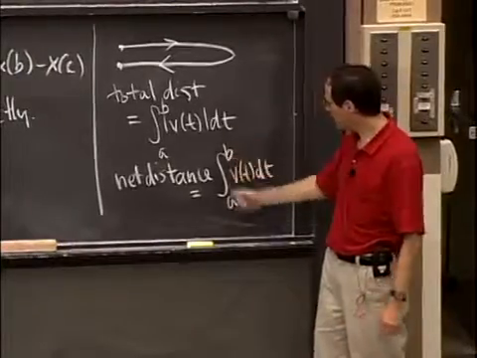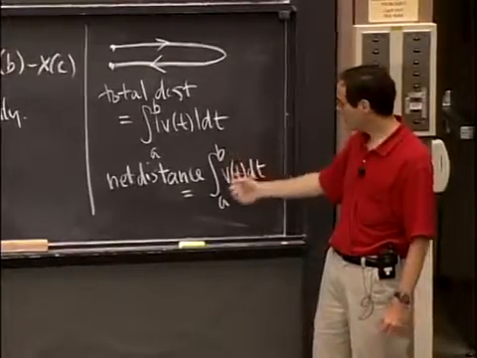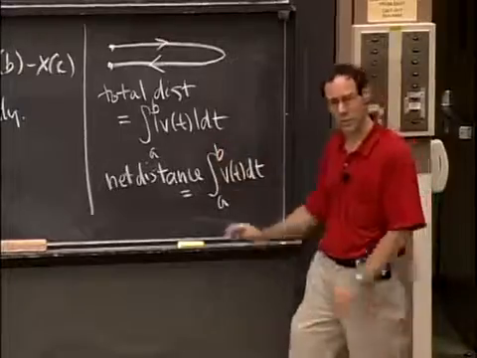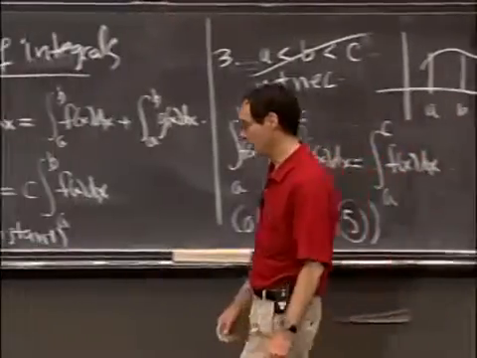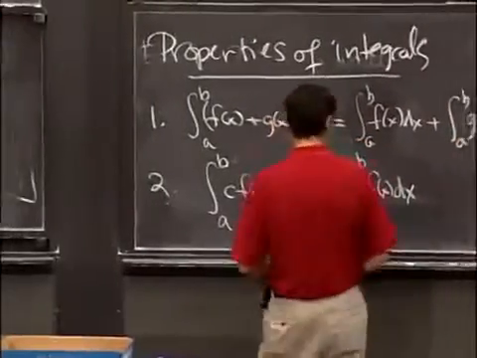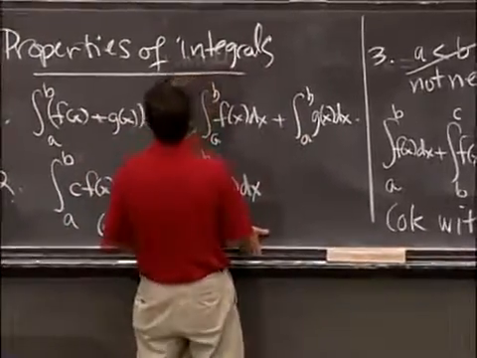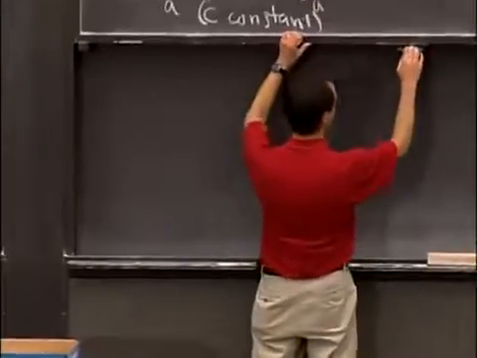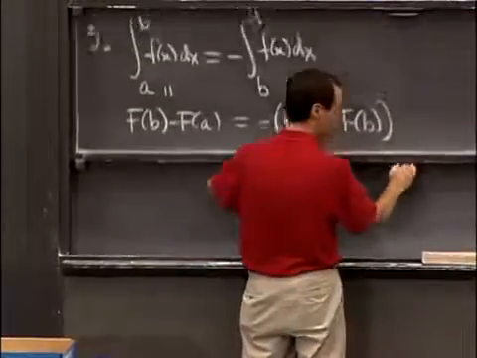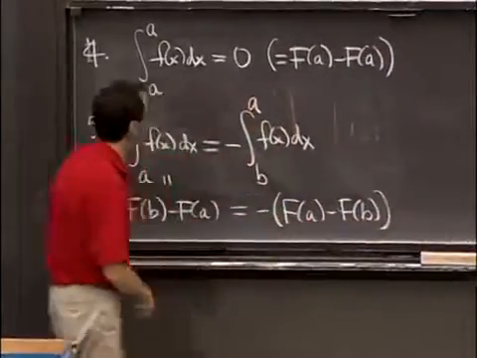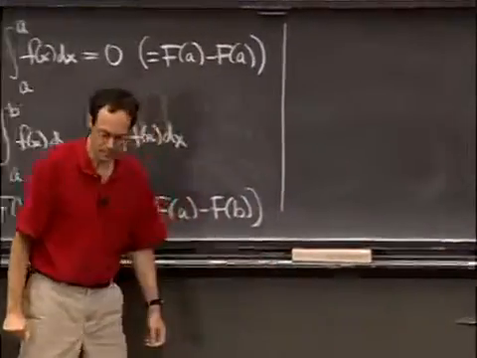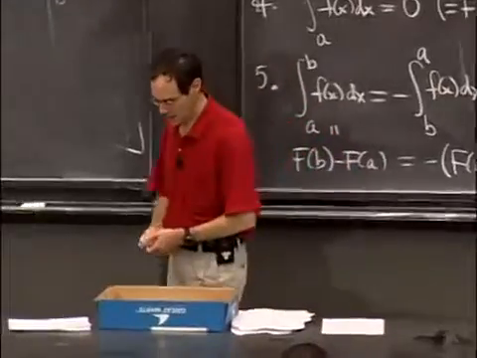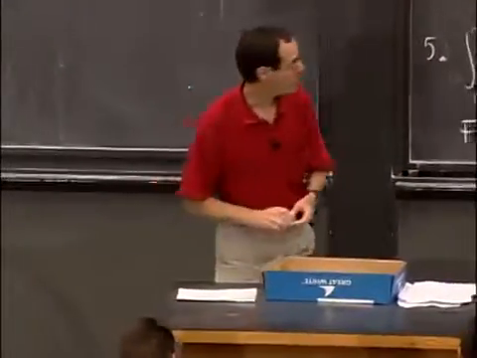Sometimes you have letters rather than actual numbers here, and you won't know whether A is bigger than B. So you'll want to know that these formulas work and are consistent in all situations. OK, I'm going to trade these again in order to preserve the ordering 1 through 5. And now I have a 6th property that I want to talk about.